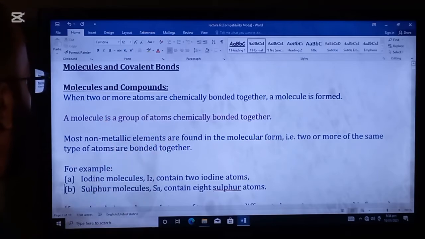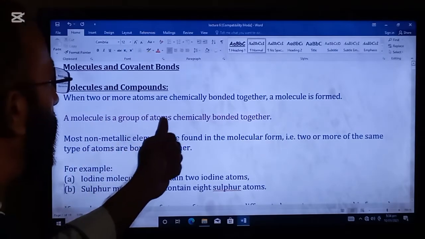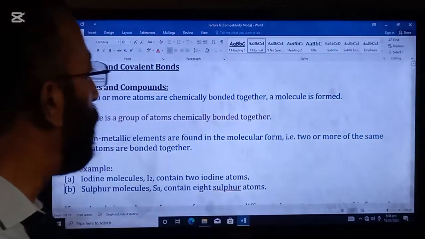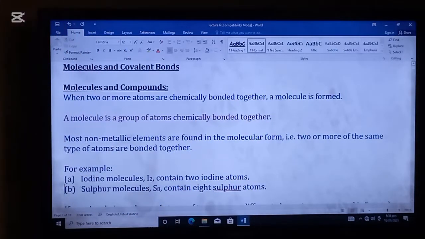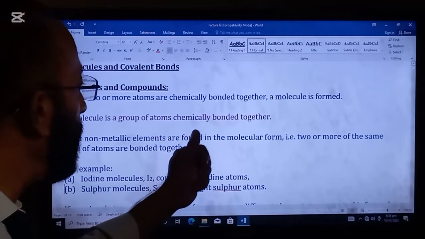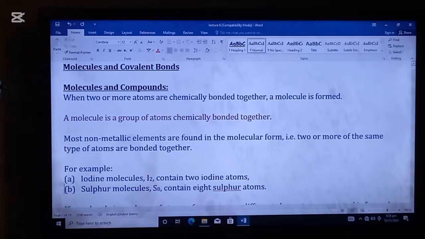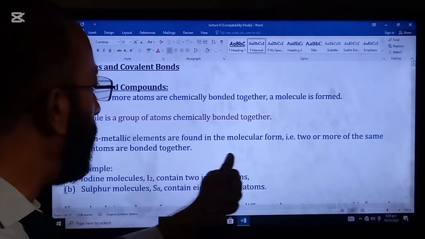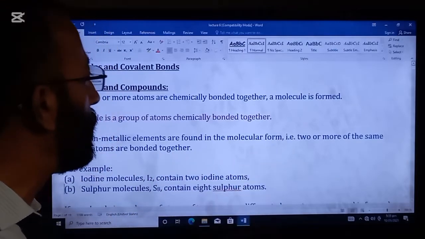Molecules and compounds. When two or more atoms are chemically bonded together, a molecule is formed. A molecule is a group of atoms chemically bonded together. Most non-metallic elements are found in the molecular form.